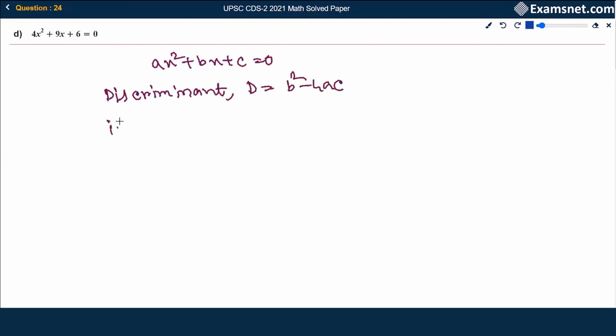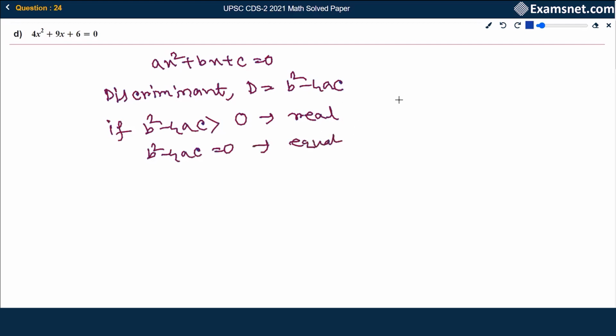Now, if b squared minus 4ac is greater than 0, then the roots will be real. If b squared minus 4ac equals 0, then the roots will be equal. And if b squared minus 4ac is less than 0, then there are no real roots, or we can say roots are imaginary.